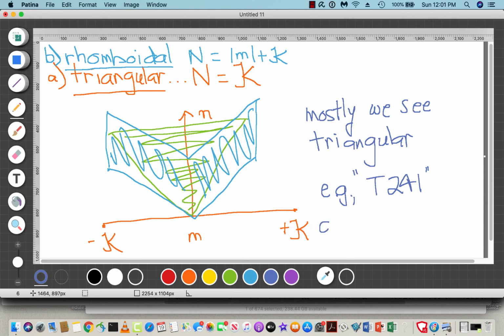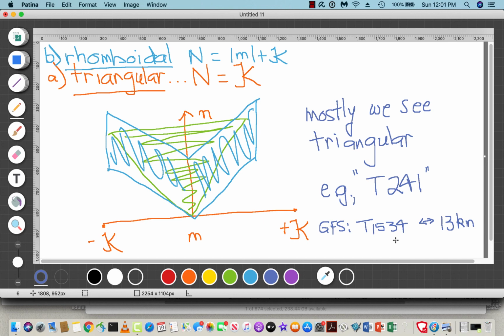And the GFS is T1534. So it's a triangular truncation, and that's the number of waves to give you an equivalent horizontal resolution of 13 kilometers. The ECMWF model currently is running at about 9 kilometers, so this is going to have to be a bigger number for them.